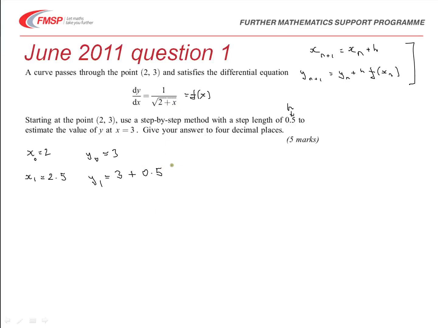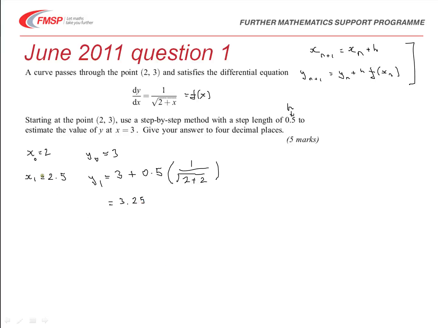In this case we multiply that by 1 over the square root of 2 plus our original x value, which is 2. And so what will that give us? Well, 2 plus 2 is 4, root of 4 is 2, so this is a half. A half multiplied by a half is a quarter, or 0.25, so this gives us 3.25.